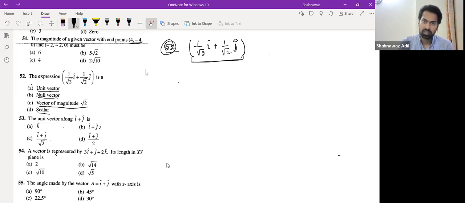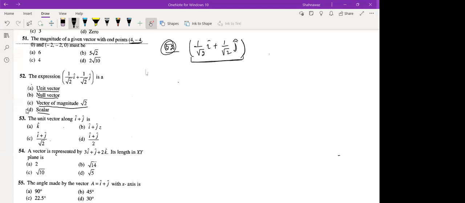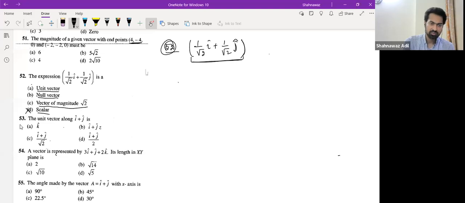No, right? Because you have these i, j, k directions. Whenever you have direction, this cannot be a scalar quantity, right, Siddhika? So this option is discarded.